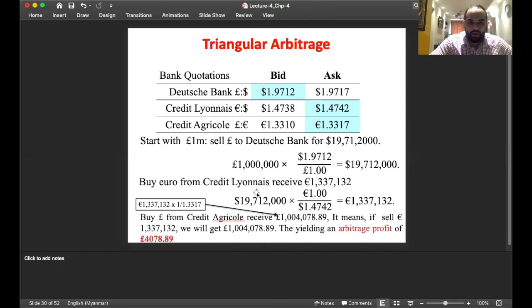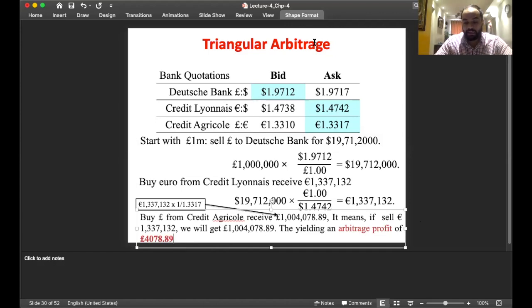So you sell 1 million, but later when you convert this euro into pounds, you got this number. So what does it mean? It is 4,078.89, pounds and 0.89 pence. This is your profit, and that profit happened through this triangle. That's the meaning of triangular arbitrage. So we can make a profit.